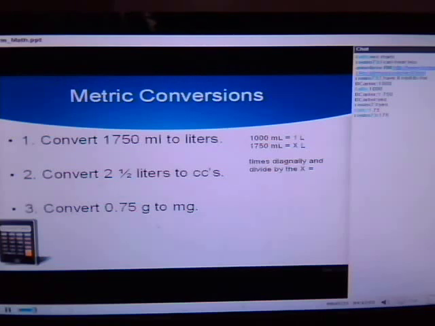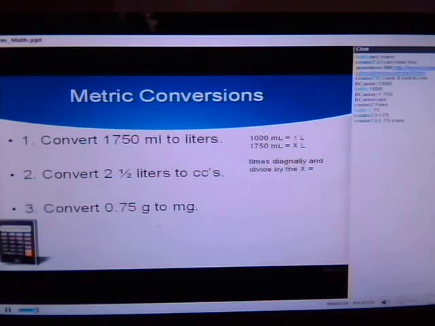And what do we come up with? Anybody want to write the answer? Let me get my calculator. We take 1,750 times 1. If 1,000 milliliters equaled like 5 grams, then we would go 1,750 times 5 divided by 1,000.